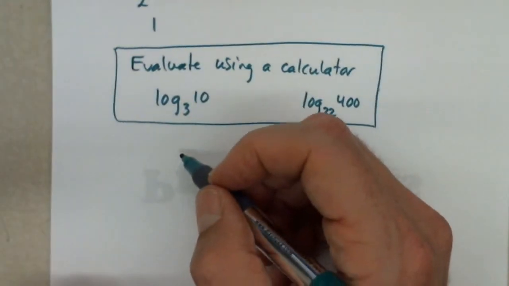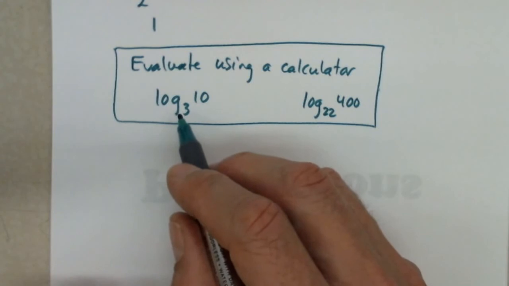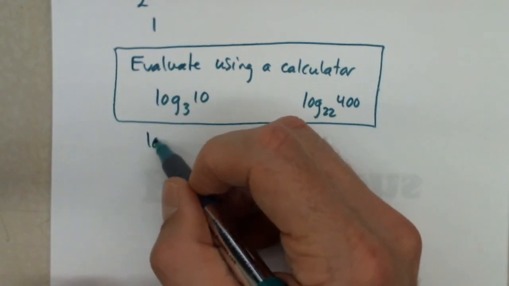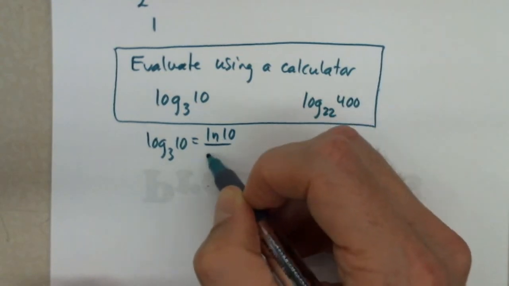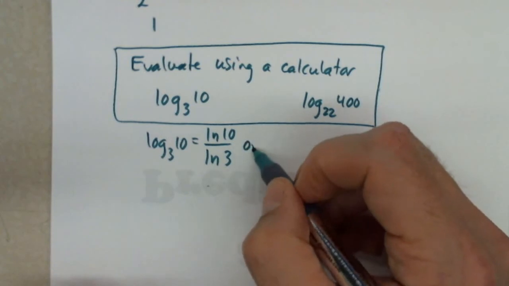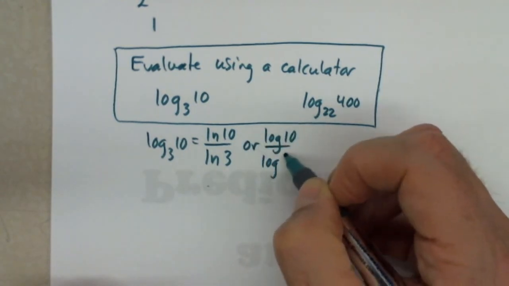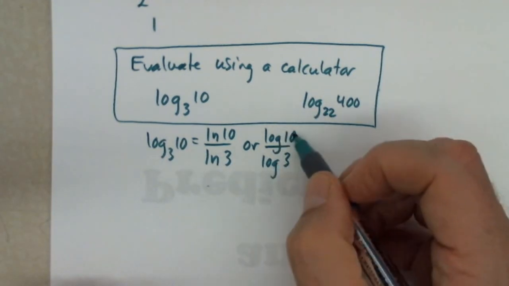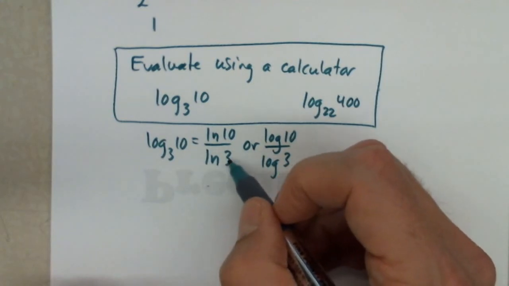So on a calculator, most of them don't have bases other than 10 or e, so we would have to change this base to natural log base e, or we could do log base 10. Log base 10 of 10, log base 10 of 3, and log base e of 10, log base e of 3.